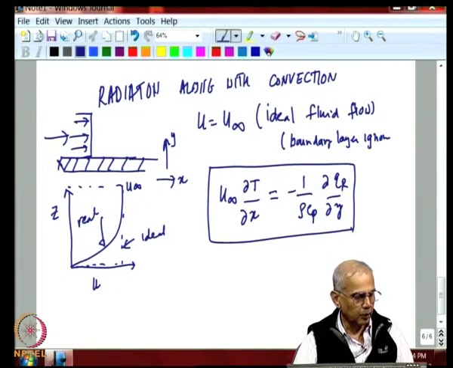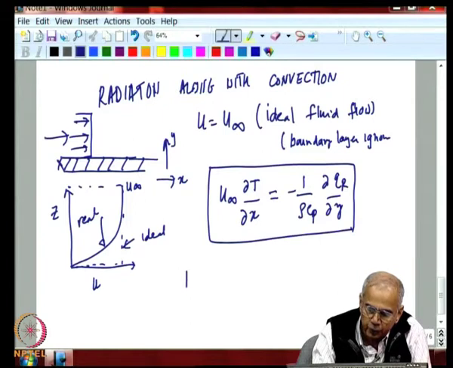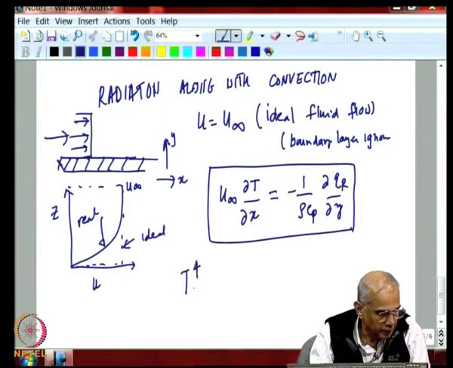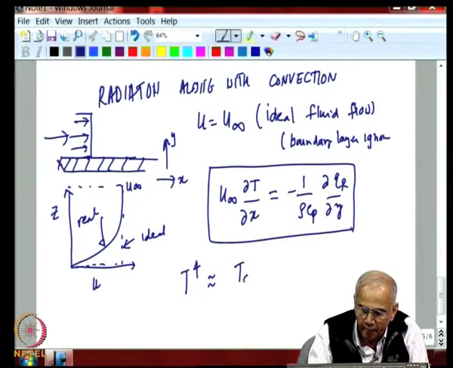So, we would like to know whether, if you write down the equation in linear terms, the problem is more tractable. So, what we do is we replace T to the power of 4, which keeps coming in the radiation problem, by an approximation around the temperature at infinity.